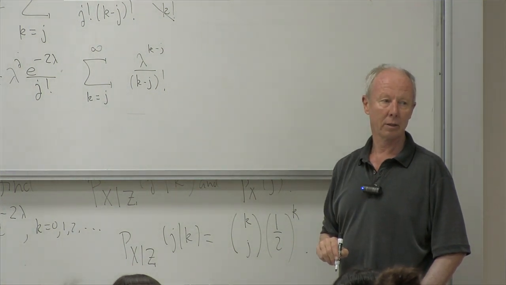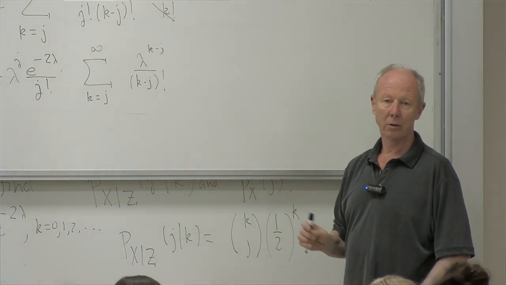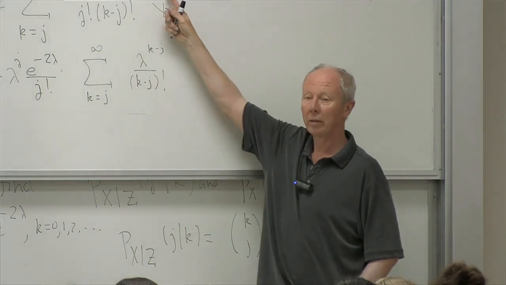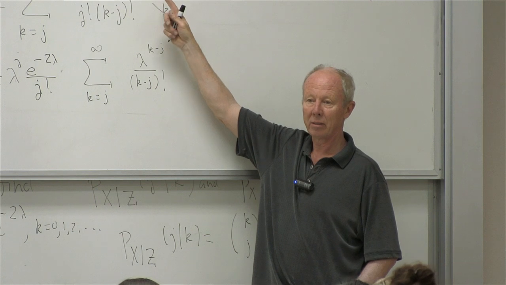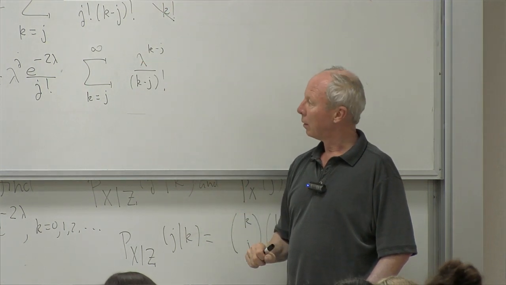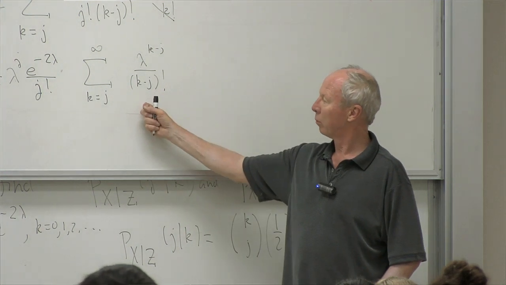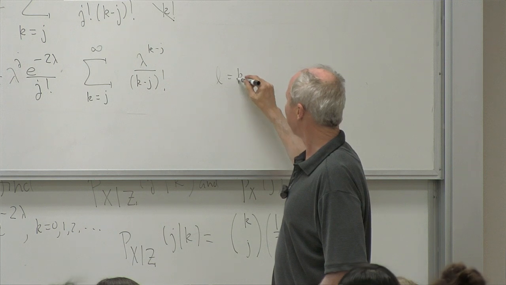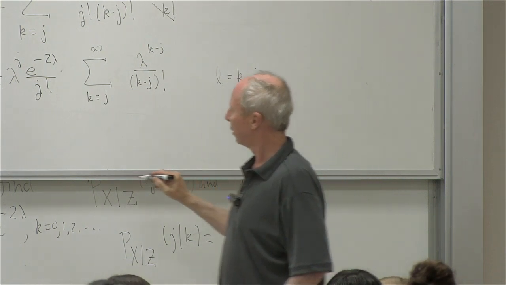Okay. Or you might think of it this way: I factored lambda to the j out of here, right? Lambda to the k is lambda to the j times lambda to the k minus j. And now we can relabel here. Let's call l equal to k minus j. And then what do we get?